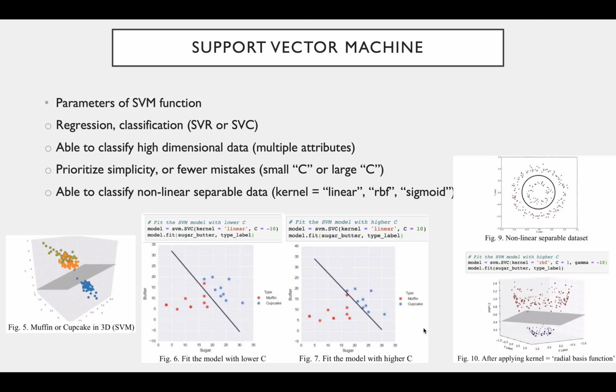The left hand side of figure 6 is where we choose to prioritize simplicity. For figure 7, we are choosing to prioritize making fewer mistakes. So this may lead to overfitting.